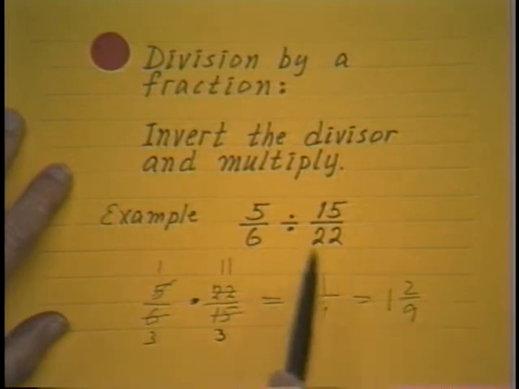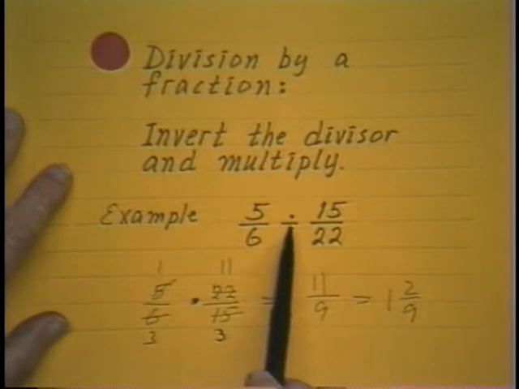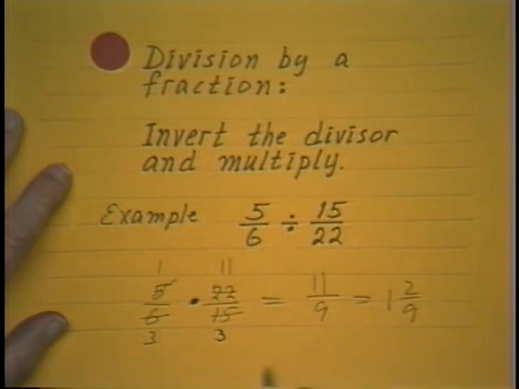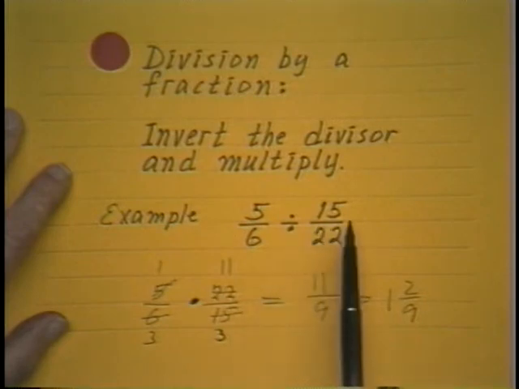Note, in this case, I am not allowed to cancel here because that's not multiplication. Remember, we said be very cautious. You can only cancel if you're multiplying. So in short, all divisions are really multiplications by the reciprocal of what followed the division.